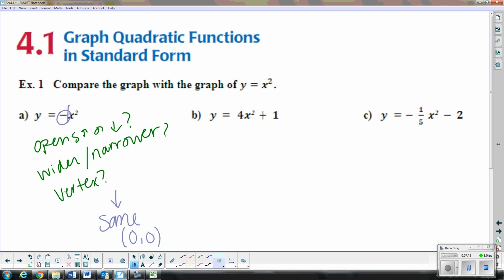For this next one, our a is positive, so it's going to open up. Secondly, the absolute value of a is greater than 1, so it's narrower. And lastly, the vertex is 0, 1.